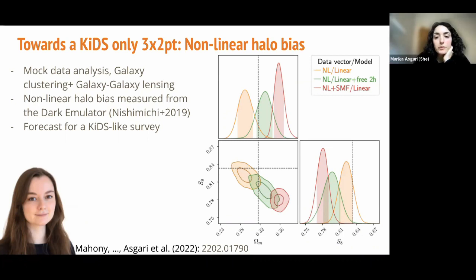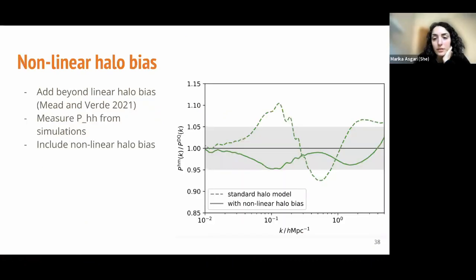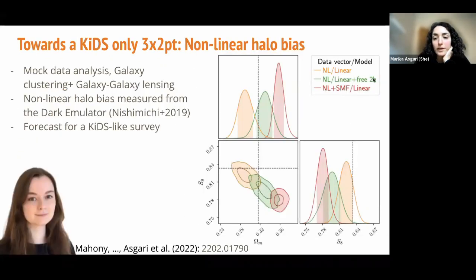Yeah, I think this is probably because of this plot here. And where the signal is coming from, it's probably this dip here that we are most sensitive to. And this always stays like this no matter what you do to your model. I think we thought that allowing the two halo term to be free could resolve this, but obviously there is some sort of degeneracy that's broken and it doesn't allow it to go higher.